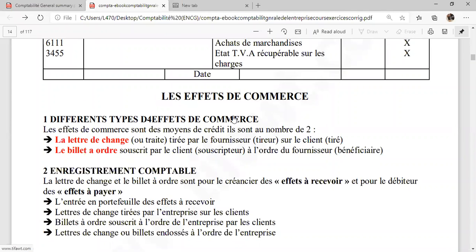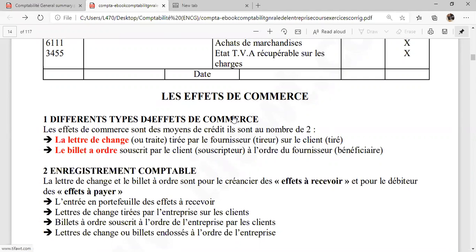So under this one, the second characteristic is that the lettre d'échange, it's the fournisseur who takes the initiative to write up this document and have the client sign it, and later on go to the bank of the client and demand for the payment.